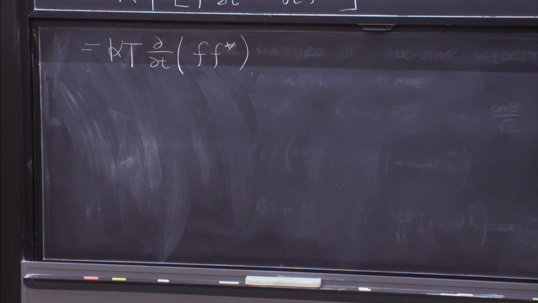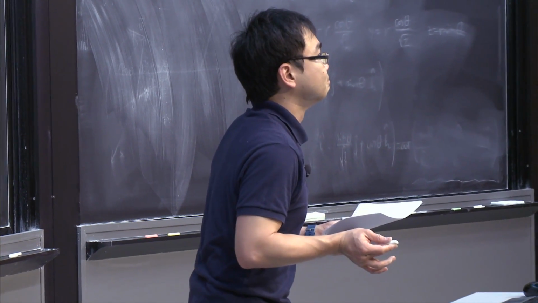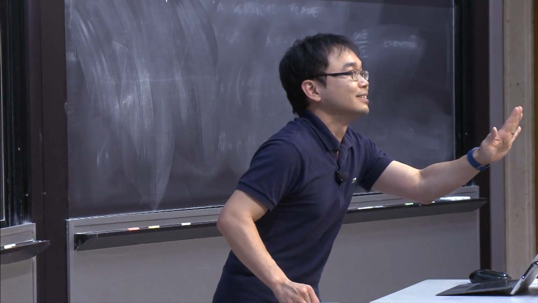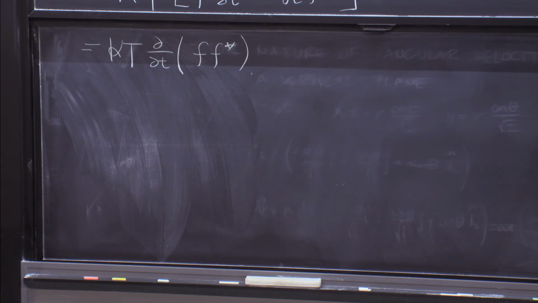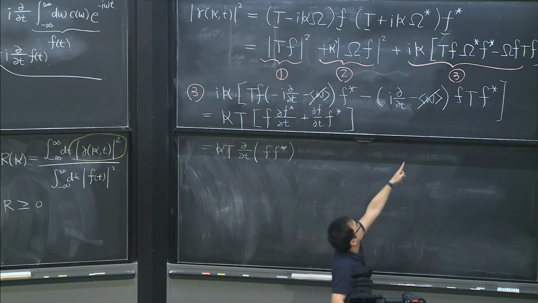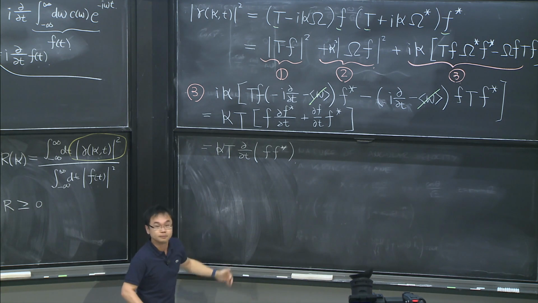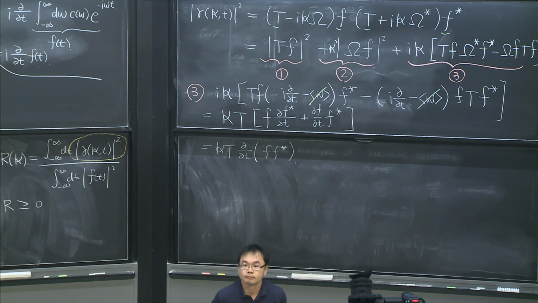Everybody is following, or everybody already lost? We are almost there. All right. So now we have these three. Three originally is a beast, looks really horrible. And after I write it down explicitly, it looks okay. Not perfect. Yes? F star is actually the complex conjugate of the f function.